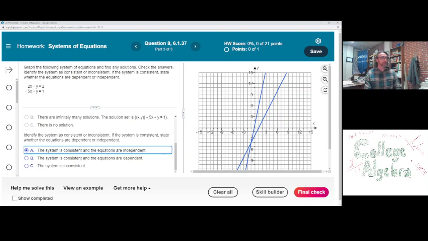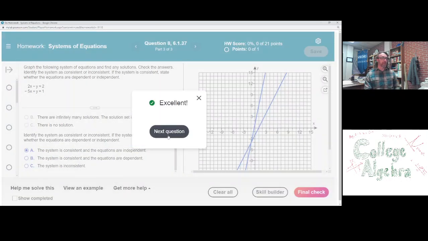If you have a linear system like this, graph each of the equations. Where do they intersect? That's your solution. And that vocab. Inconsistent, no solution. Consistent, there exists at least one solution. And then underneath that, you have independent and dependent. Independent means exactly one solution, which is what we're seeing in this case right here.